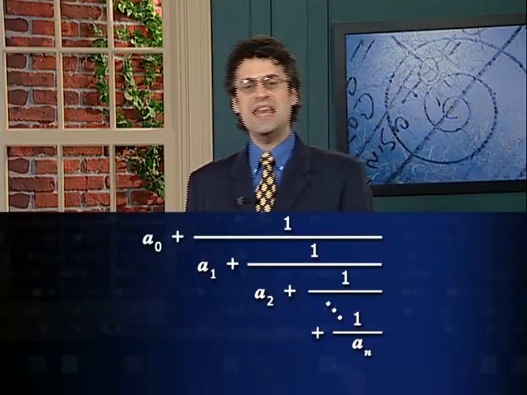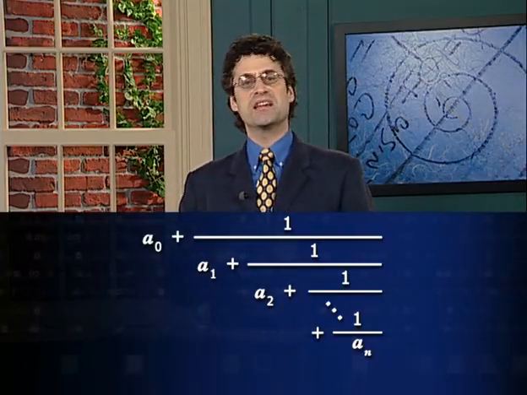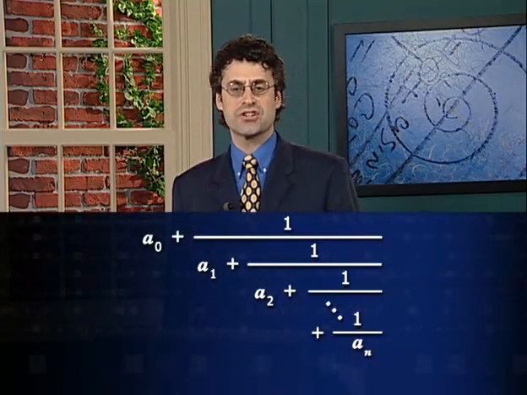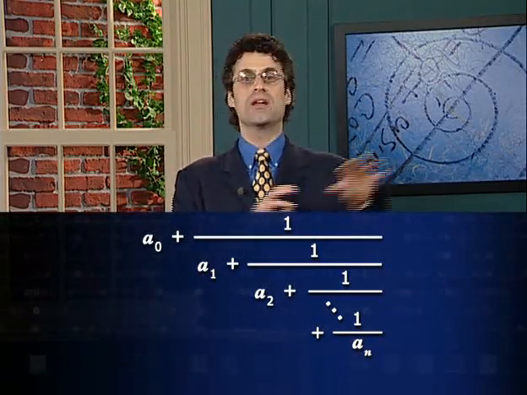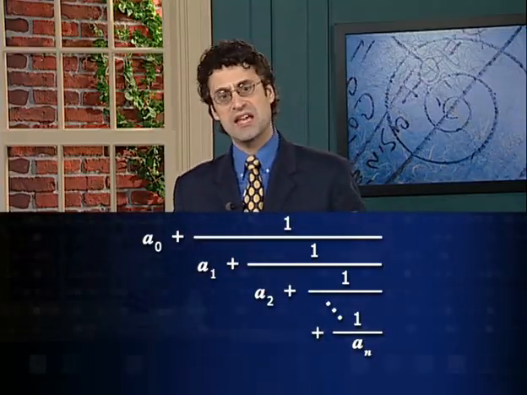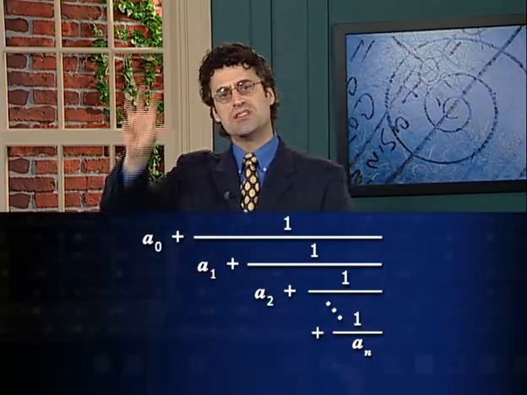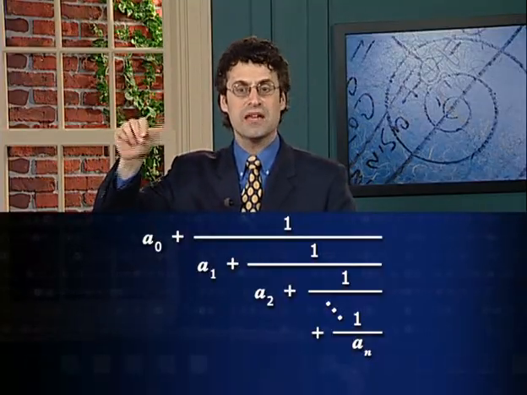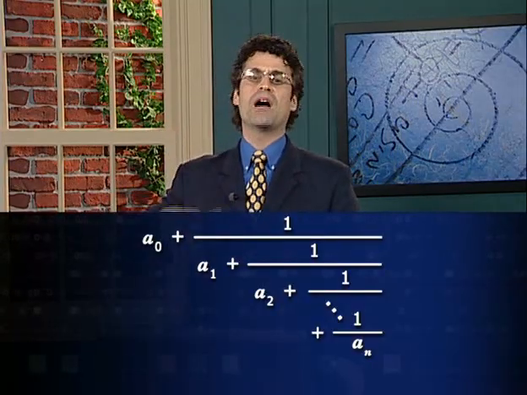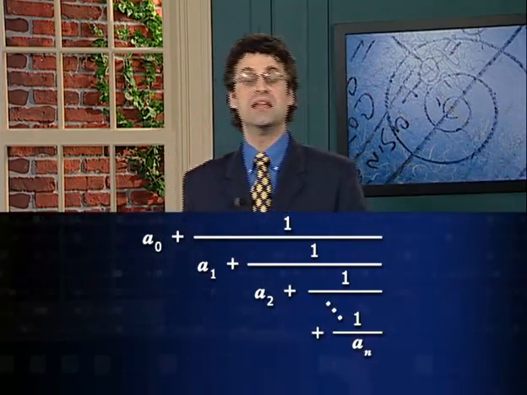Similarly, it follows that any rational number whatsoever can be expressed as a finite continued fraction of the generic form a0 plus 1 over a1 plus 1 over a2 and so forth, down to a last one, say an, where now the very first number, a0, is allowed to be an integer because it might be negative if the original rational number were negative, while all the other a's remain natural numbers as before. It's also a straightforward task to show that any finite continued fraction must, in fact, equal a rational number.